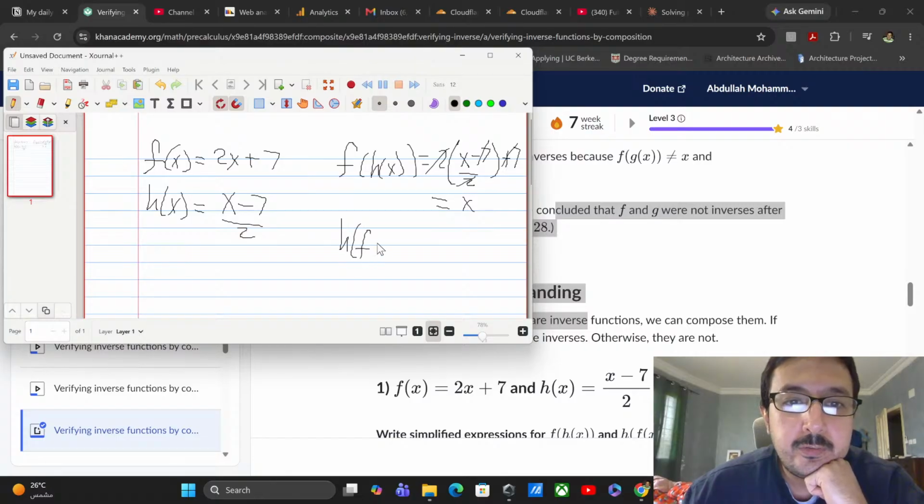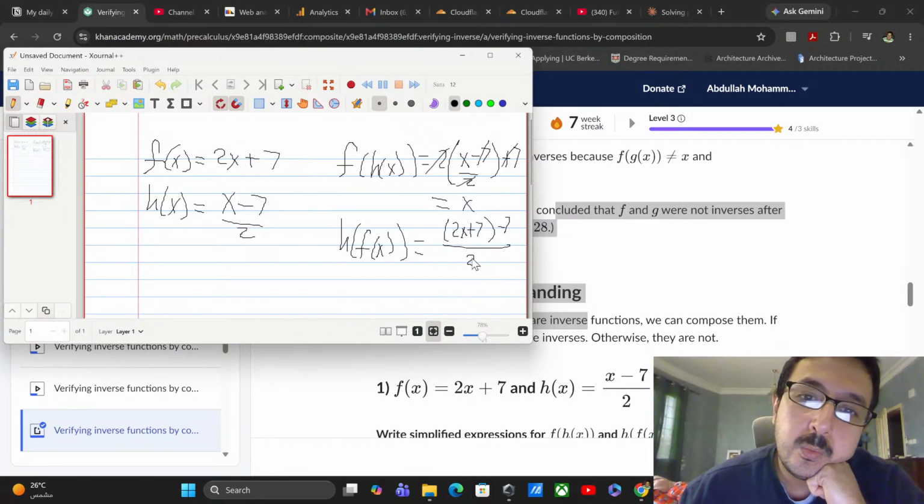And h of f of x equals 2x plus 7 minus 7 over 2. So what do I have? Plus 7 goes with minus 7. Am I correct? And there is left 2x over 2.